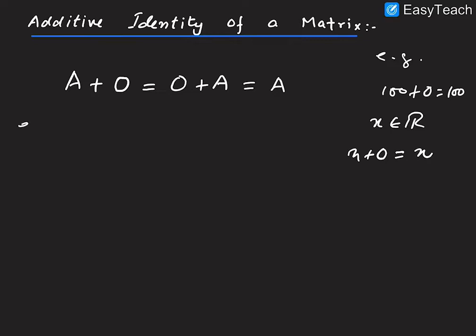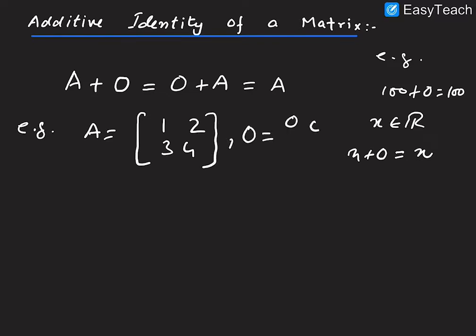For example, we have A as 1, 2, 3, 4, a 2 into 2 order matrix, and we can take O as 0, 0, 0, 0. You know, for addition we need the same order, so 2 into 2.